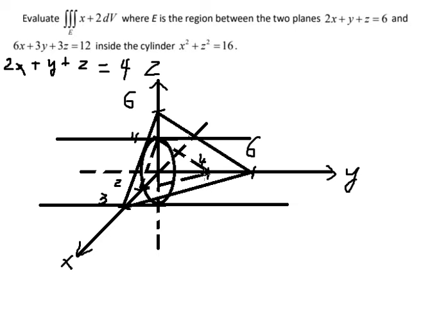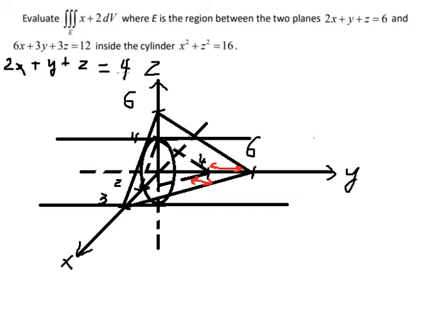If we look at the graph, we see that the graph with 4 is below the graph with 6.